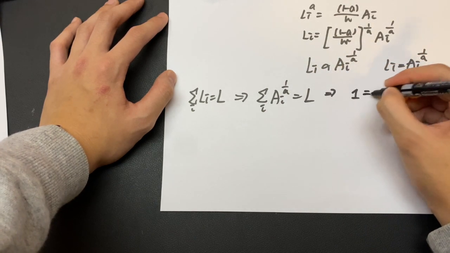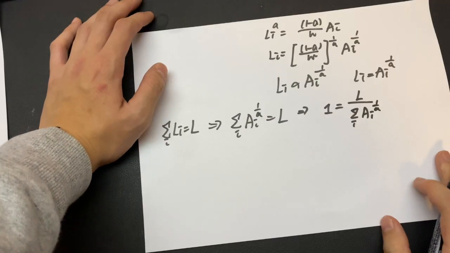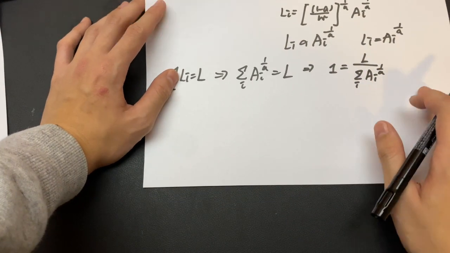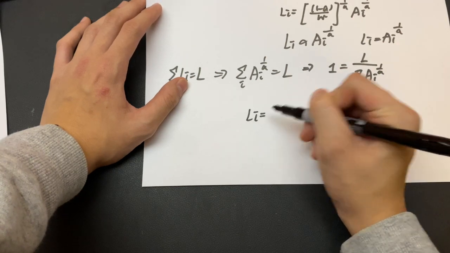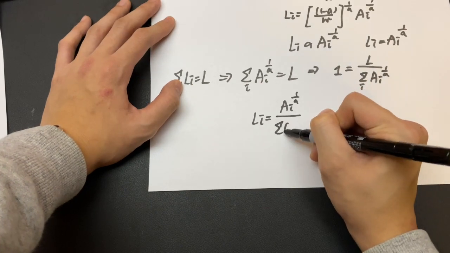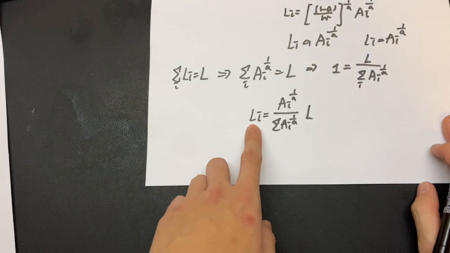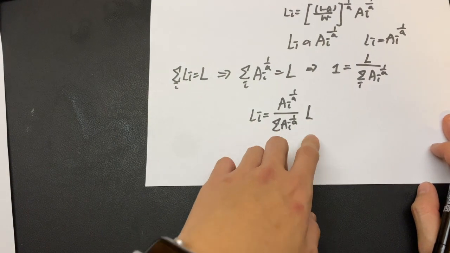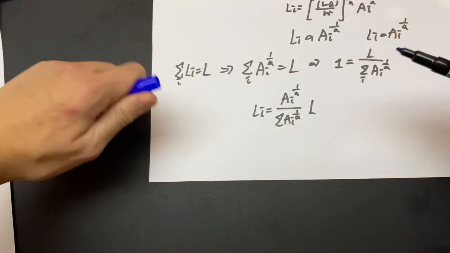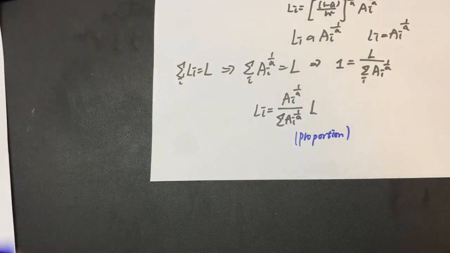Then finally, multiplying labor per firm into both sides, we get that Li, the labor employed by each firm, and the total labor are in proportion. So they're proportional.